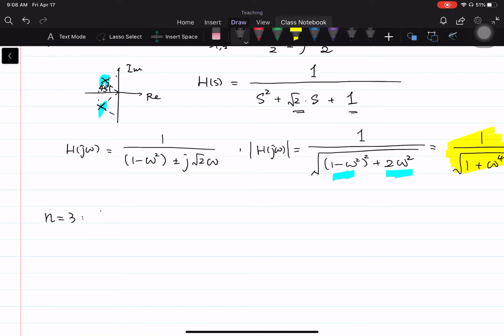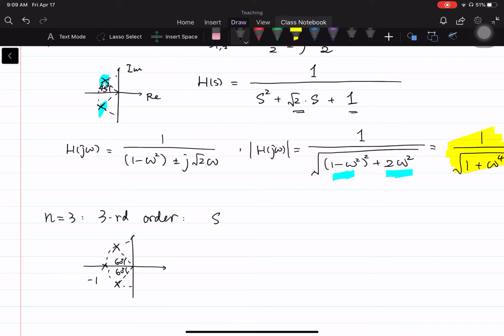We've done it already. Let's say third order Butterworth filter. The poles are guaranteed to have 1 here and -1, and pi over n will be the angle separating each pair of them, so it will be 60 degrees. That's pi over 3.